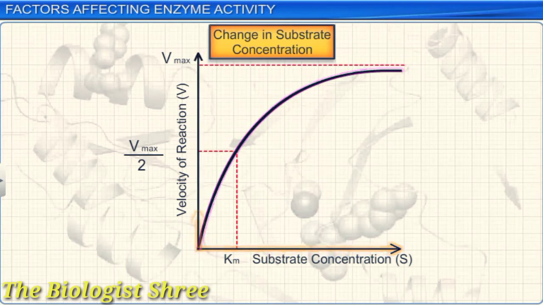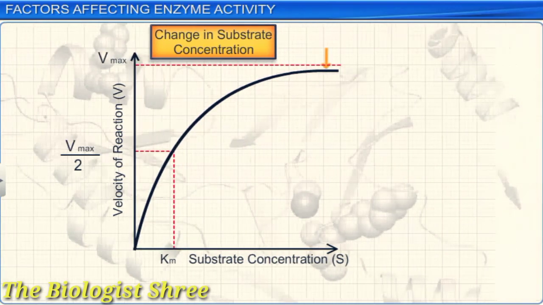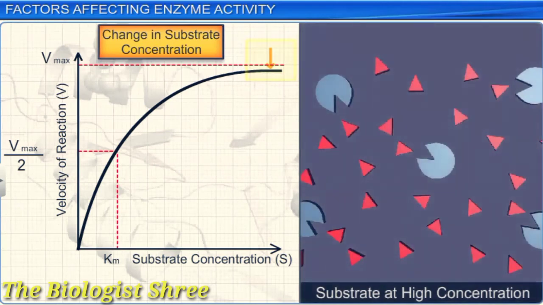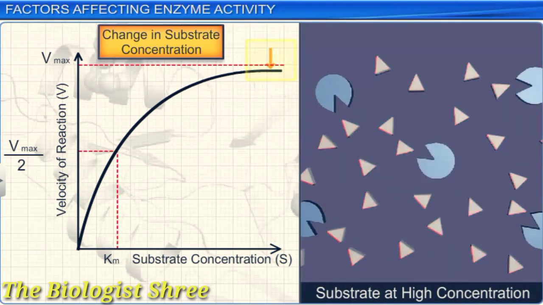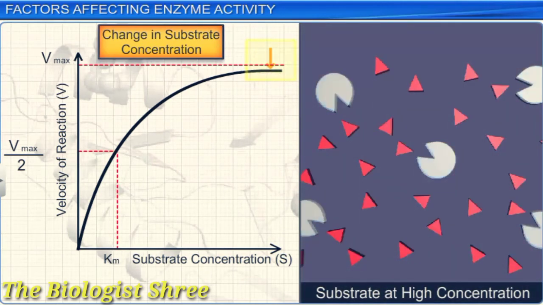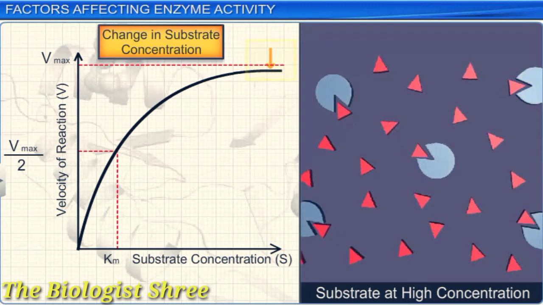This velocity does not rise any further, even if there is an increase in the concentration of the substrate. The reason is that at Vmax, enzyme molecules are less than substrate molecules. After the saturation of these molecules, there are no free enzyme molecules that can bind with the extra substrate molecules.